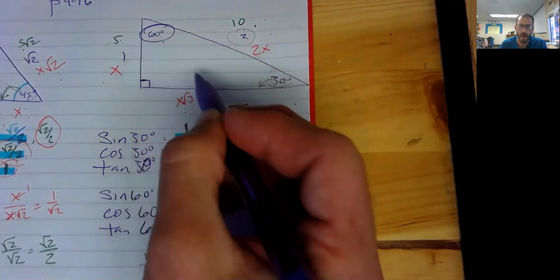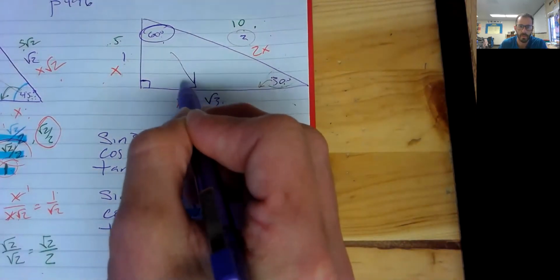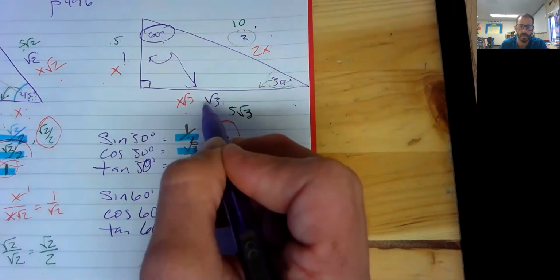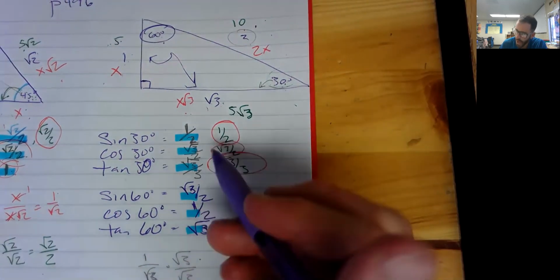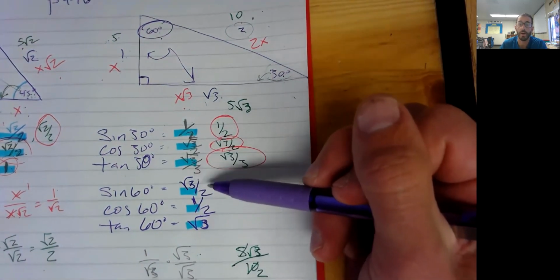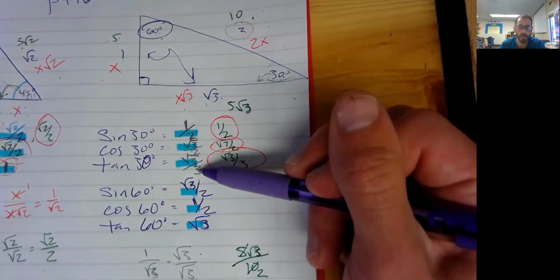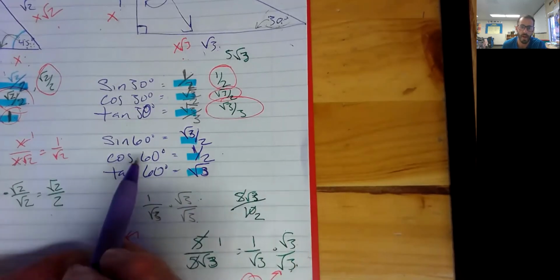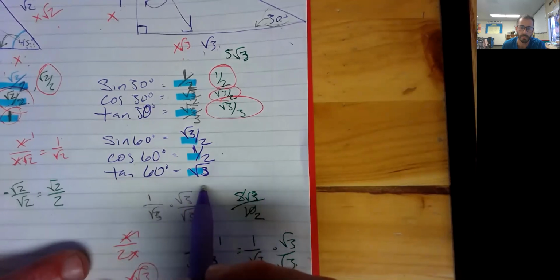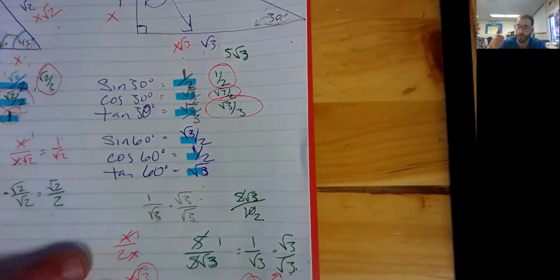Tangent, opposite over adjacent, rad 3 over 1 is just rad 3. Can you trust me that no matter what, the sine of 60 is always going to simplify to rad 3 over 2. The cosine of 60 is always going to simplify to 1/2. And the tan of 60 is always going to be rad 3. Cool? Special right triangles.